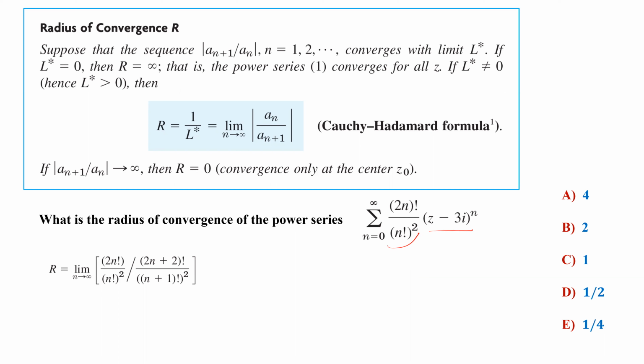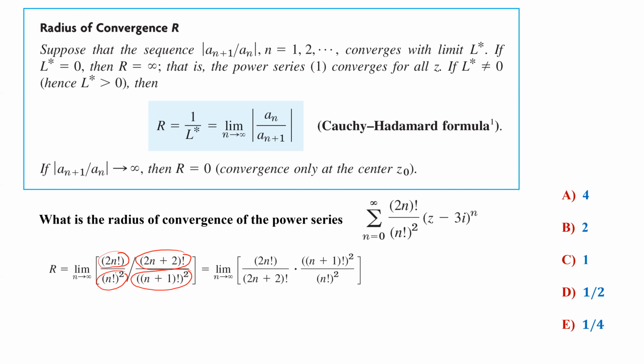If you simplify here, you see you can write this. This is the numerator over this, right? And then this becomes the numerator also, and divide by this.